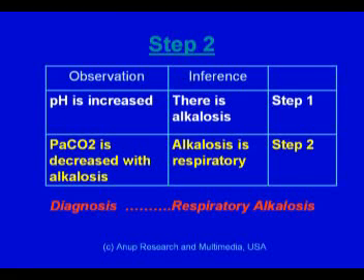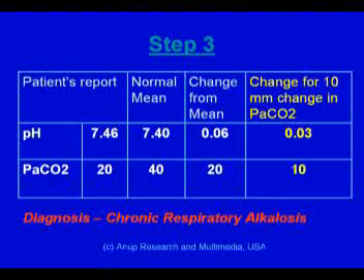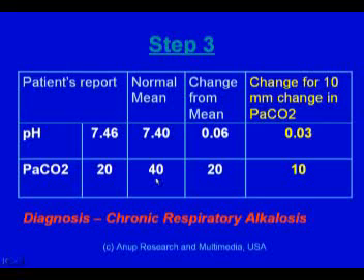Next step, step 3, we look for change in pH for 10 millimeter change in PaCO2. Here the PaCO2 is 20, the normal mean is 40, so the PaCO2 has fallen by 20. The pH is 7.46 in this patient, the normal mean is 7.40, so the change from mean is 0.06.